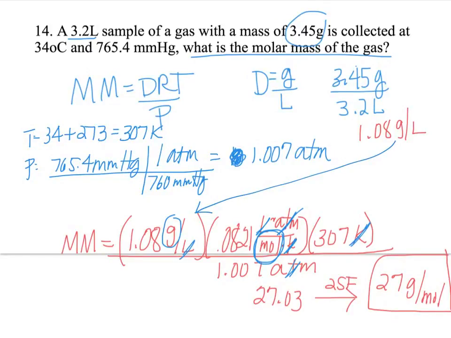And then we have our R value, and then of course the temperature, which we always convert to Kelvin, and then our pressure conversion. So most likely if you didn't get it correct, you forgot to convert that pressure. So when we're reading these problems, we have to be very careful. Anytime we're using that R value, remember your units have to match, which means your pressure also has to be in atmosphere.